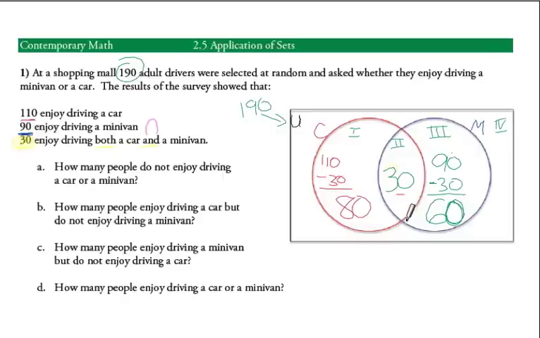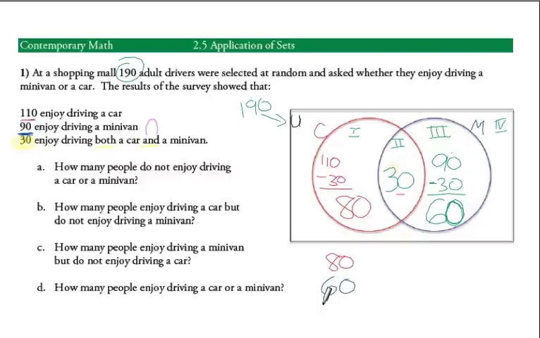Now, there are 4 regions total that we have to account for. And remember, back at the beginning, we said 190 people have to be inside this rectangle. Well, how many people do we have so far? Well, we have the 80 that enjoy the car there. We have the 60 that enjoy only the minivan.